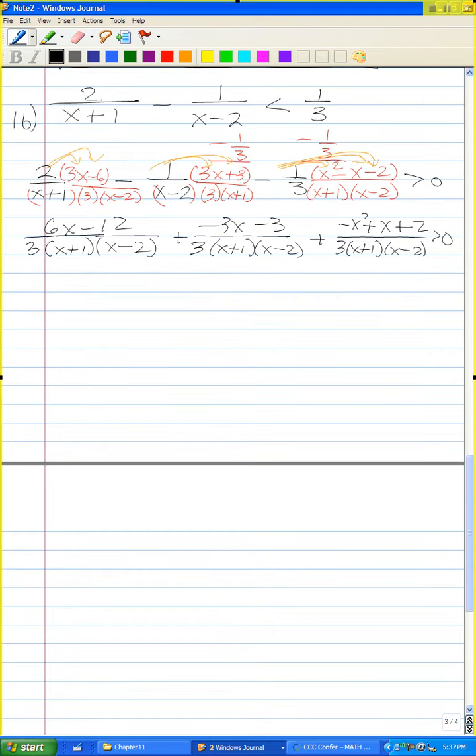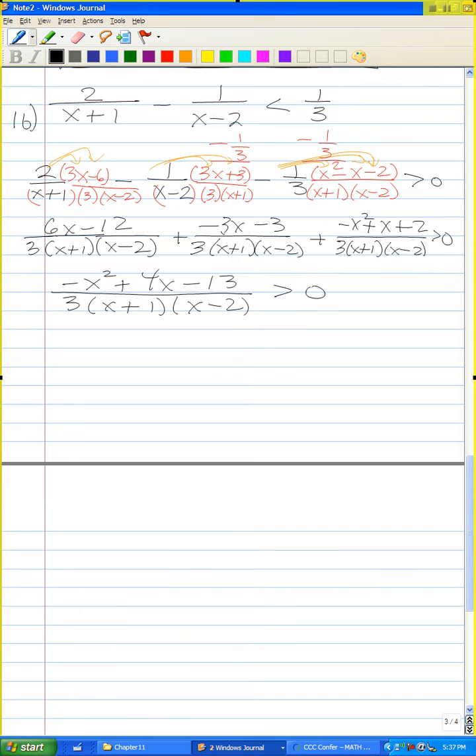And so, combining like terms and writing everything over the common denominator, I get negative x squared, 6x minus 3x is 3x plus x is 4x, negative 12 minus 3 plus 2, negative 13, is greater than 0.